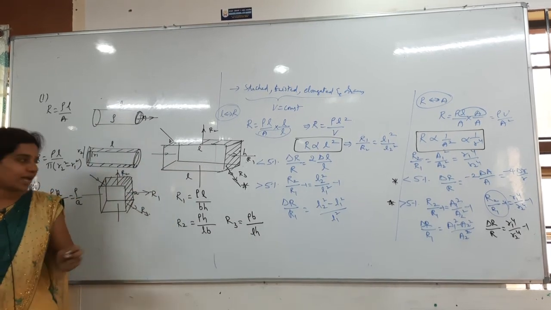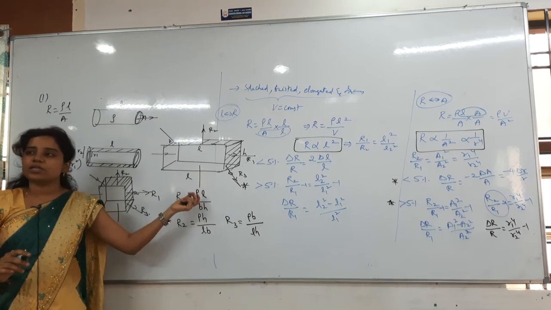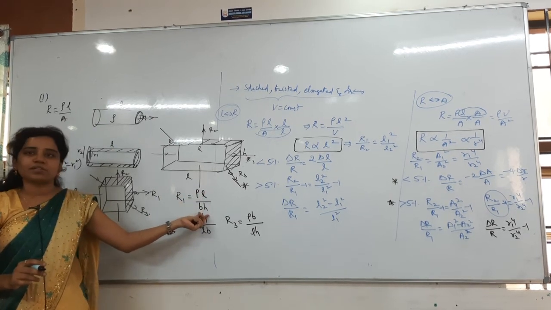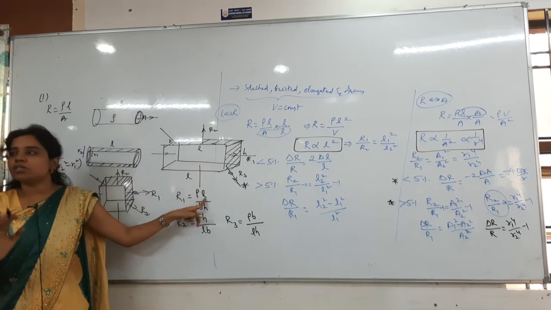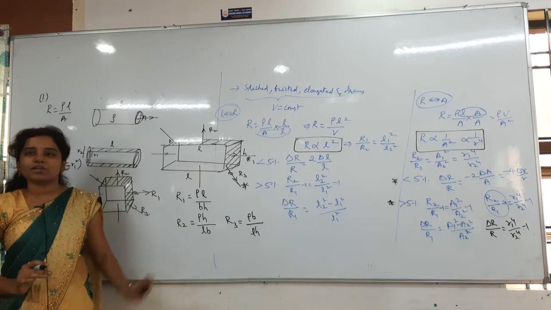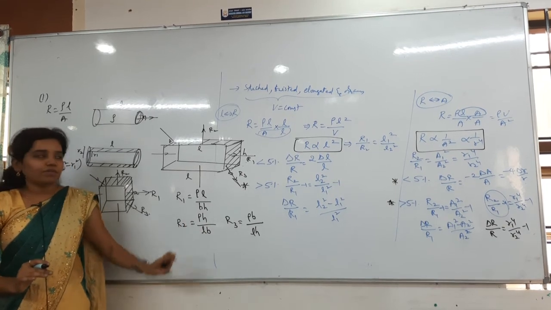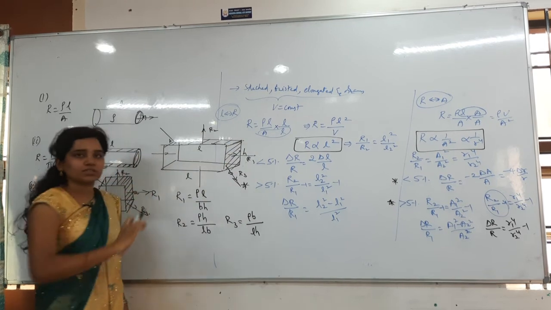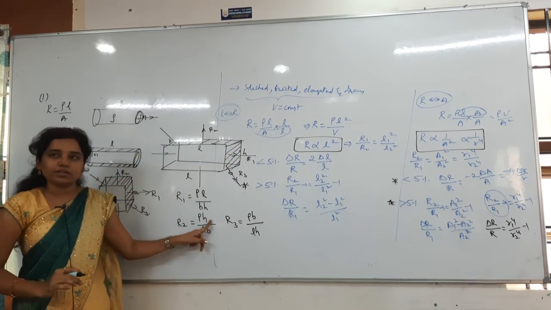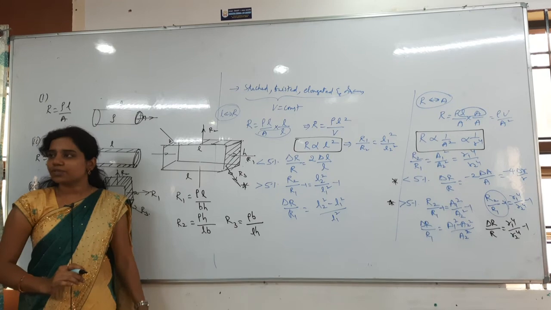Otherwise you can just remember: whenever you know the length, automatically you will just write the remaining values. R1 is covering the length, so I know rho L, and leaving aside the area, you just write the remaining values, B and then H. Whenever you see R2, going in this direction, it is covering the H distance. So rho H I will write, then the remaining values as they are, LB.